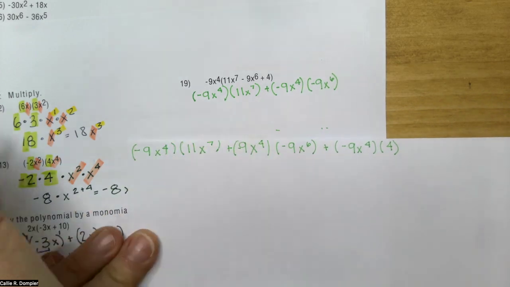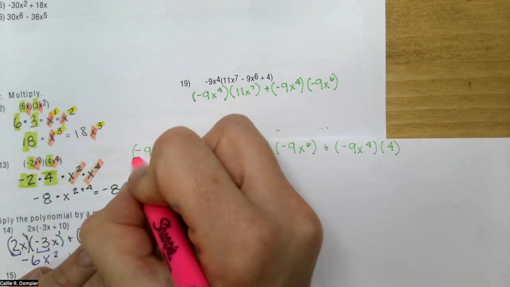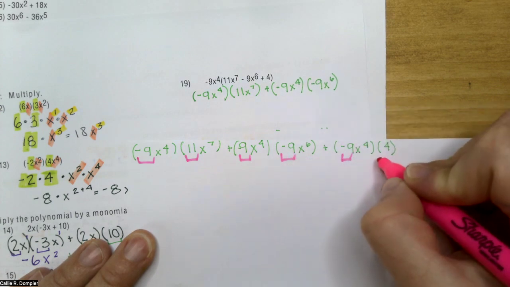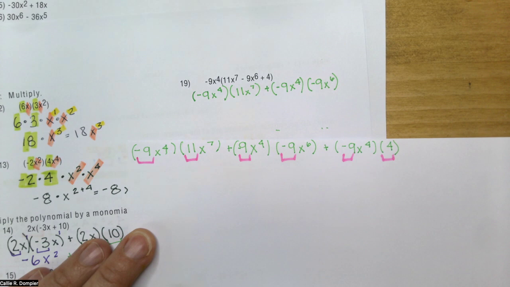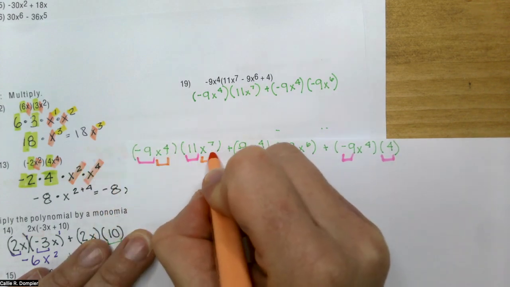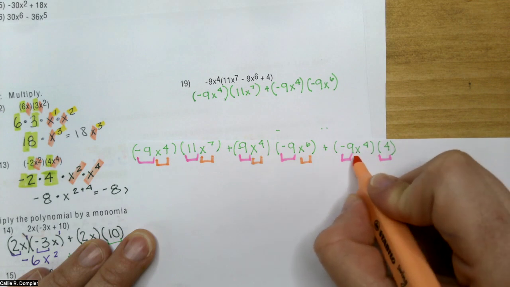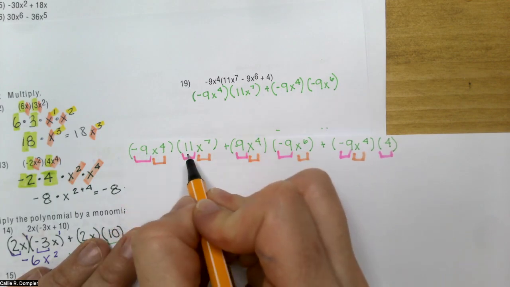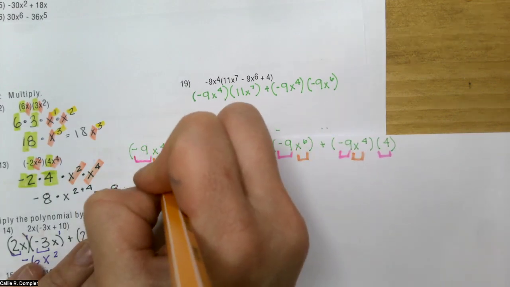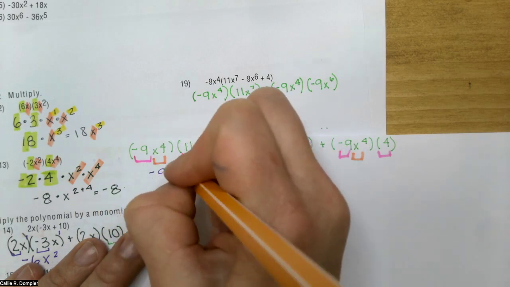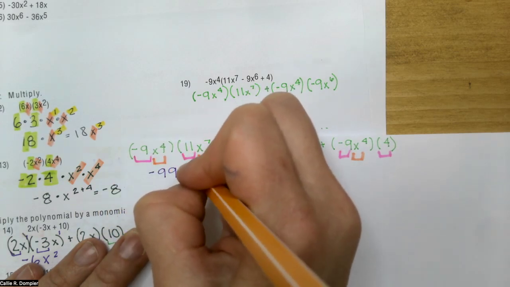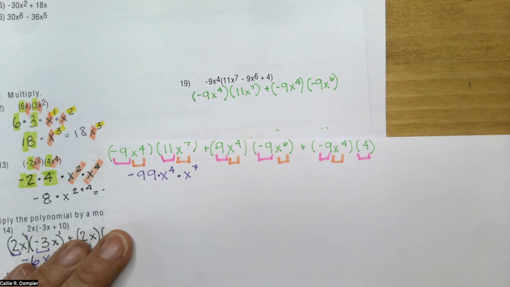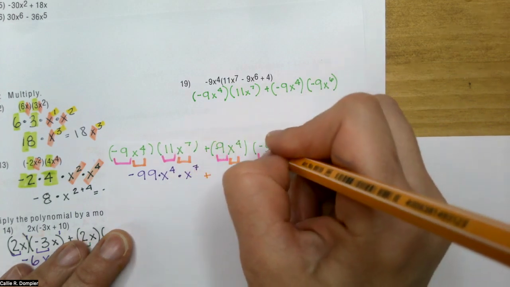Now, let's just multiply. We're going to multiply the coefficients. And then we will multiply the variables. Negative 9 times 11 is negative 99 times x to the 4th times x to the 7th, plus negative 9 times negative 9.